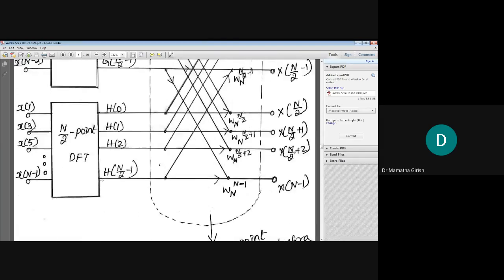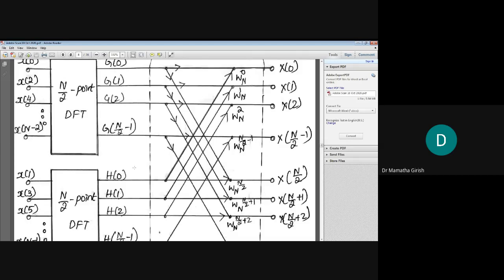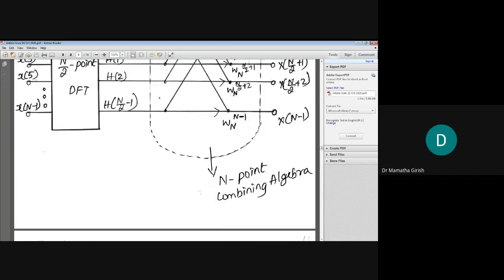And as I told you, we're using this N-point combining algebra. See, H of 0 is multiplied with W_N of 0. H of 1 is multiplied with W_N to the power of 1. H of 2 is multiplied with W_N to the power of 2. Again, N times I'm doing this multiplication in the combining algebra.